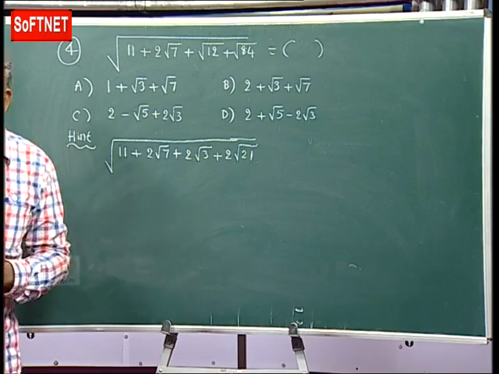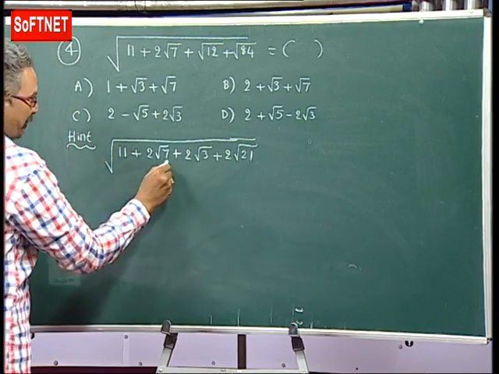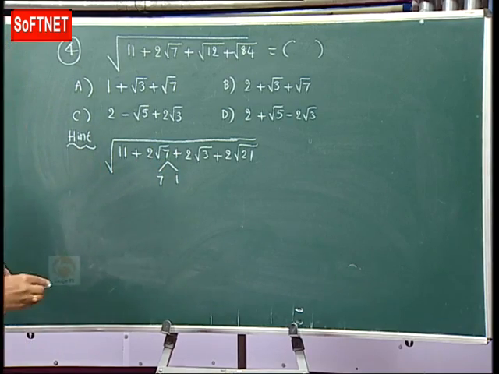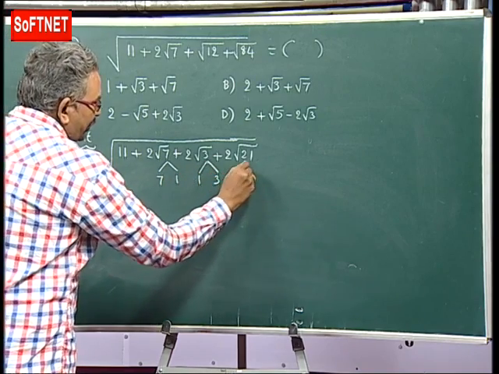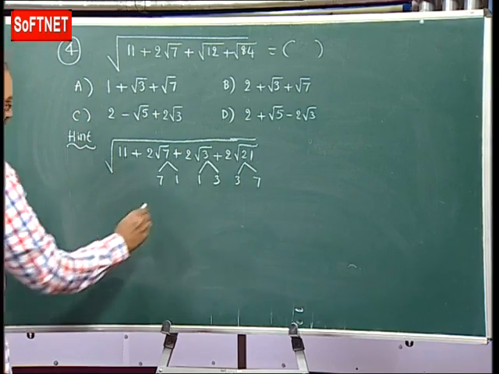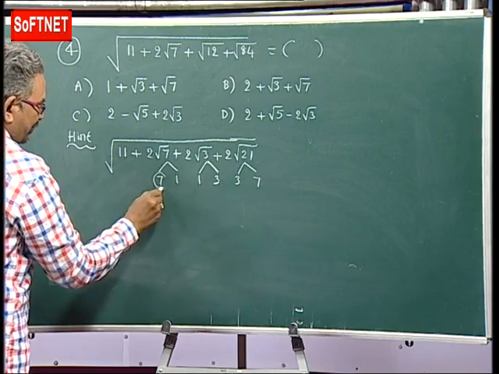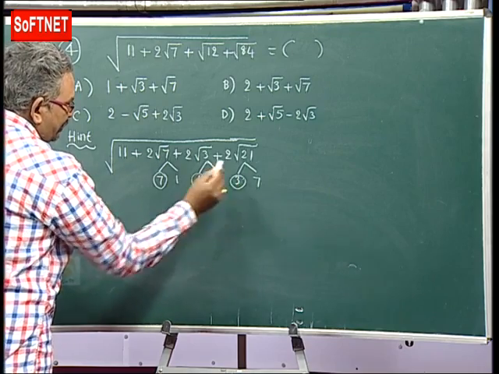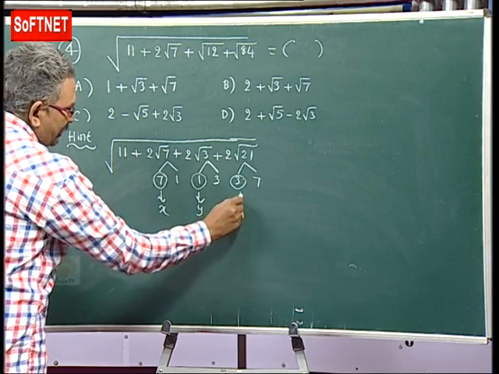Now I already told you, in the earlier concept, 7 is a prime number, its factors are 7 into 1 only. 3 is a prime number, its factors are 1 into 3. This we can write 3 into 7. See, you check, this is x, y, y, z, z, x, so x, y, z.